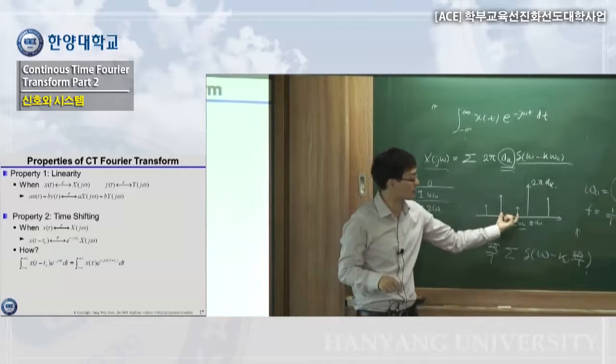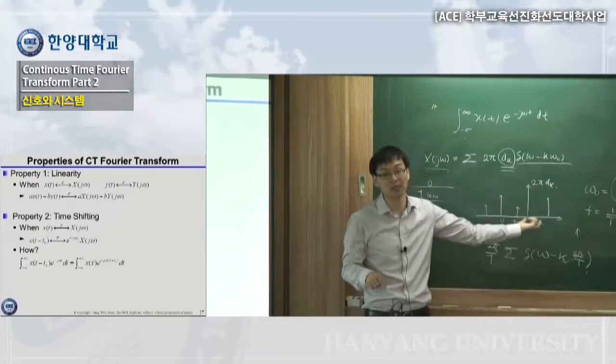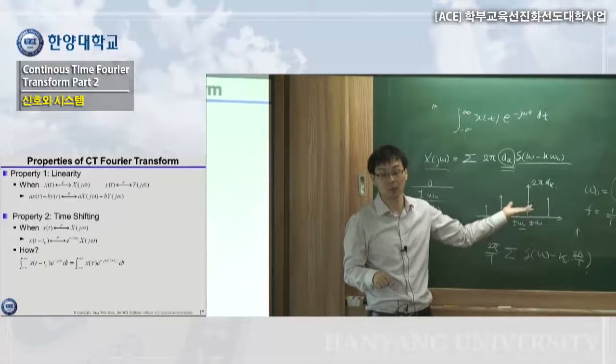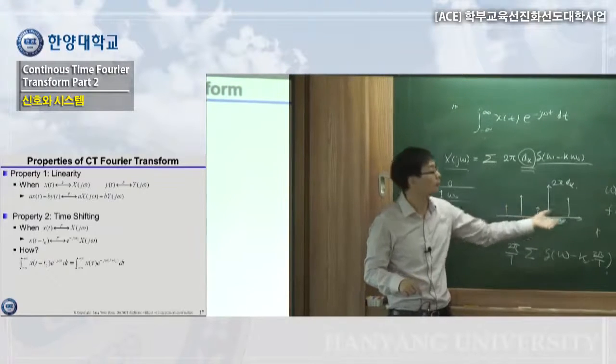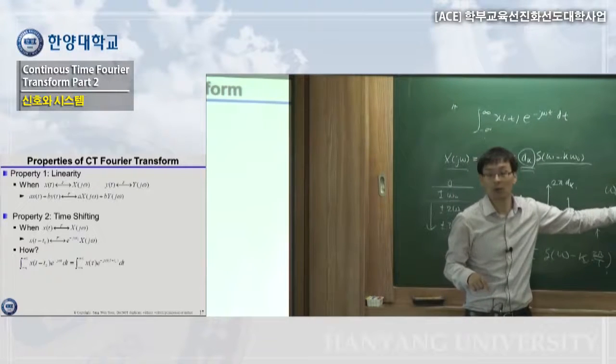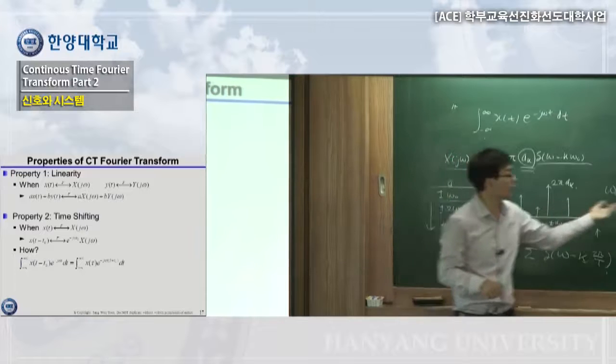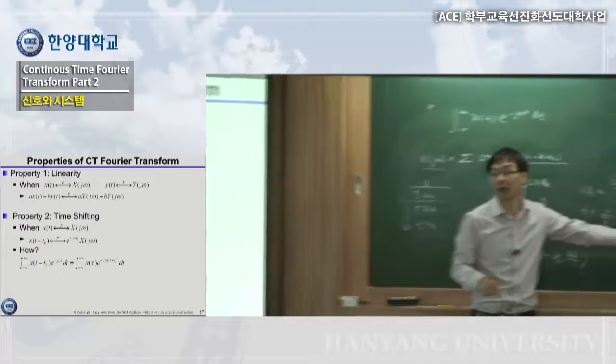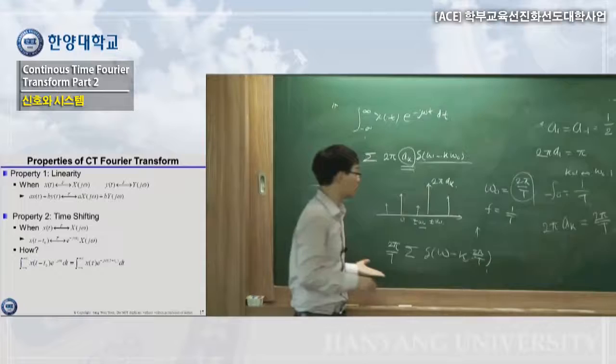Of course, in drawing they look unequally spaced, but actually they are equally spaced, with different amplitudes. You find the spacing from the fundamental frequency. How do you find the amplitude? Simply 2 pi times a_k. Find a_k and make a train. That's it.